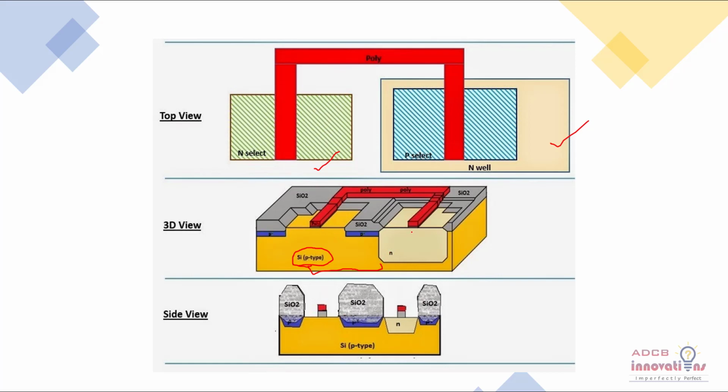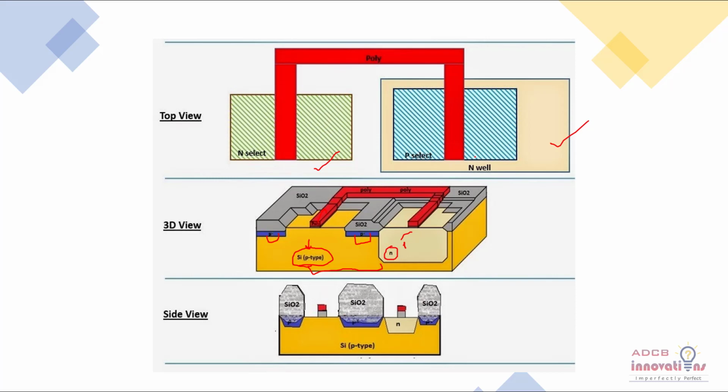So here we need to add the N-well, that is for the PMOS, and you can see this is how the poly is connected, and here we do not have to add any well, because it is already p-type substrate, and this is how the poly is getting connected. And here we can see how the doping is being done. These are the layers.